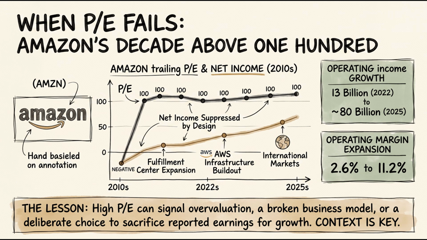Amazon's operating income grew from $13 billion in 2022 to roughly $80 billion by 2025, while margins expanded from 2.6% to 11.2%. Today, Amazon's ratio has compressed to between 29 and 34. A high ratio can signal overvaluation, a broken model, or a deliberate choice to sacrifice earnings for growth.